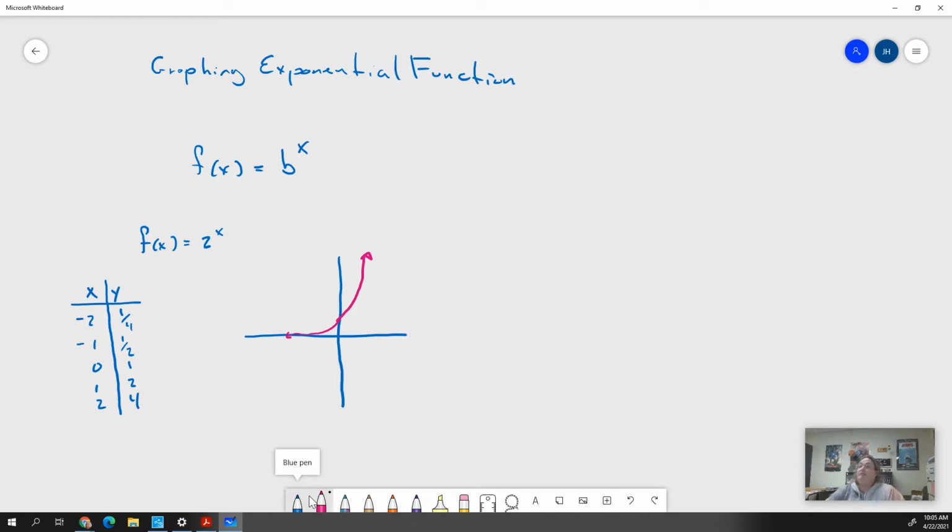And we had to answer this series of questions. I'm just going over what we did earlier this week. We had to find out what the domain was, what the range was, the end behavior. It asked as x approaches infinity, what's happening to f of x, which is the same as what's happening to y. And as x approaches negative infinity, what's happening to f of x or y.